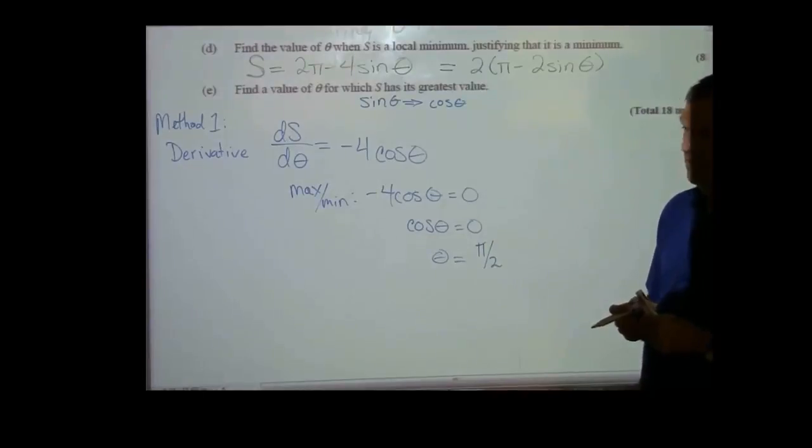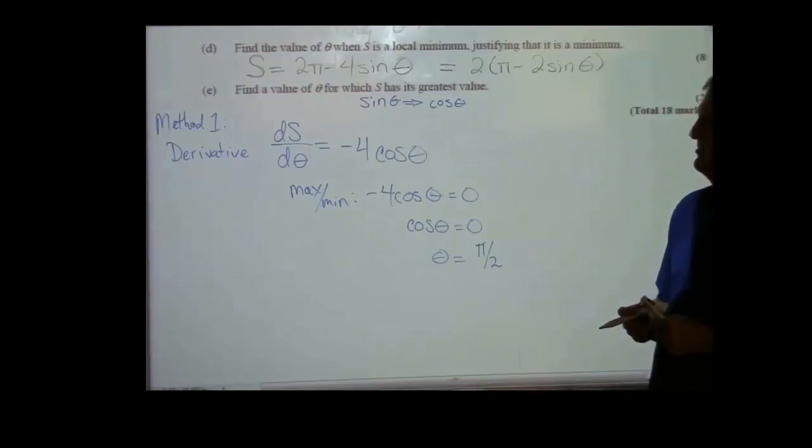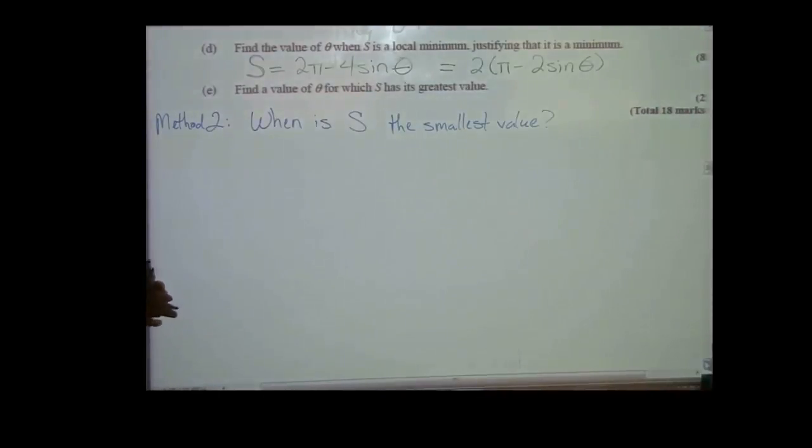Now, a second method is more of a logical method. Method 2 makes you think, when is S going to be the smallest value? That's when it's at a minimum.